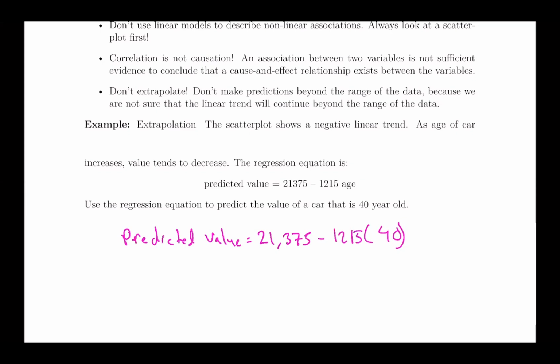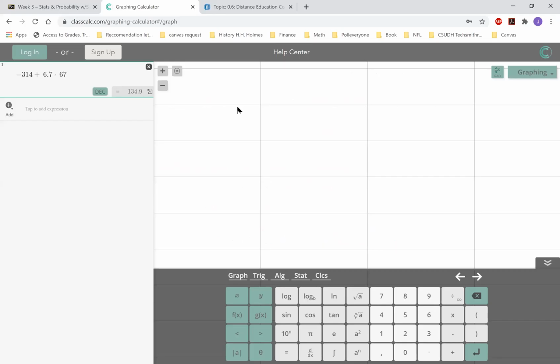So we go to graphing. We're going to do 21,375 minus 1215, and you just multiply this by 40. So if you got negative 27,225, you got the correct answer.